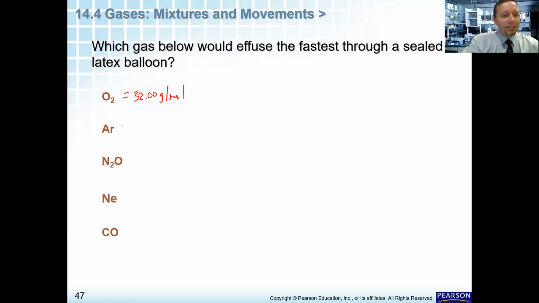Argon is 39.95 grams per mole. Dinitrogen monoxide is 28.01 grams per mole. So right now that's the smallest mass.